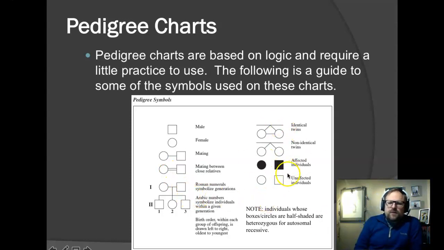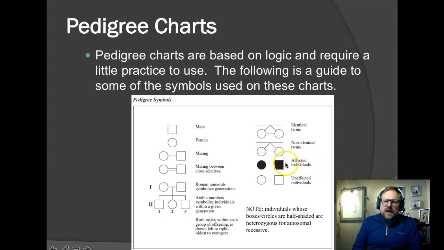I'm going to jump over here for a second. I'm going to particularly focus in on this. A filled in square or circle means the individual is affected. Often we use pedigree charts to track diseases, genetic diseases, and who might be affected or not by that genetic disease. And so that's why we say affected.